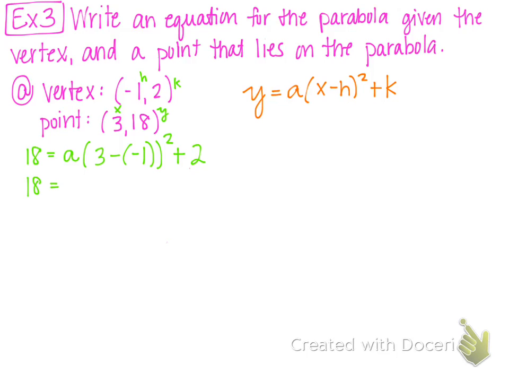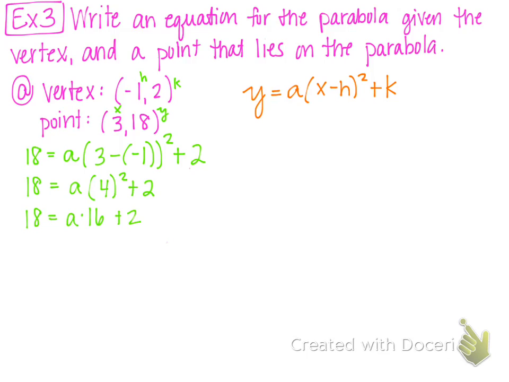We have 18 is equal to, and let's take care of these parentheses. 3 minus negative 1 is 3 plus 1, so we have 4 squared plus 2. So we have 18 is equal to a, and 4 squared is 16 times 16 plus 2.